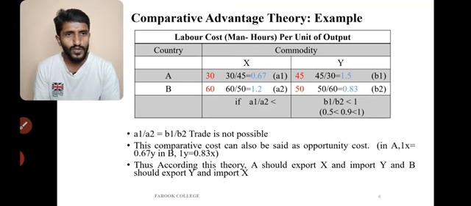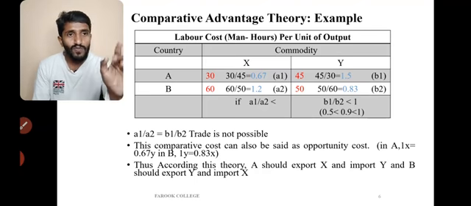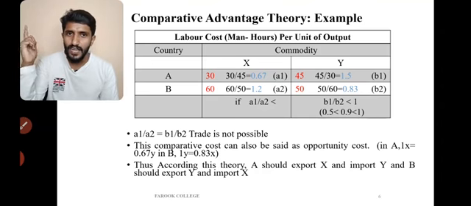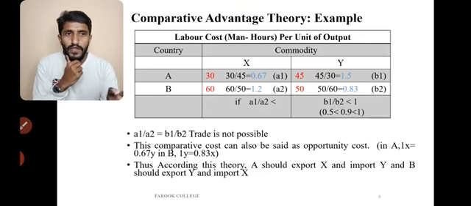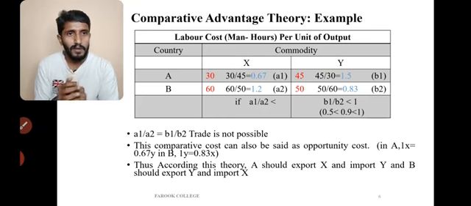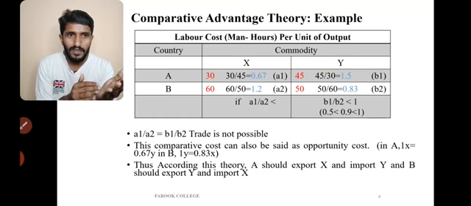So here also you can see that if A1 divided by A2 is less than 1, okay, I forgot to give 1. So if A1 divided by A2 is less than 1, then the condition in absolute was that B1 divided by B2 should be greater than 1. I hope you remember. But here it is not there. B1 divided by B2 is also less than 1.